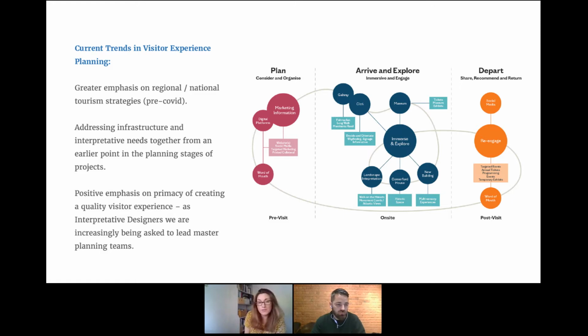As many of you will be aware, there is a real emphasis in many countries on both regional and national tourism strategies.